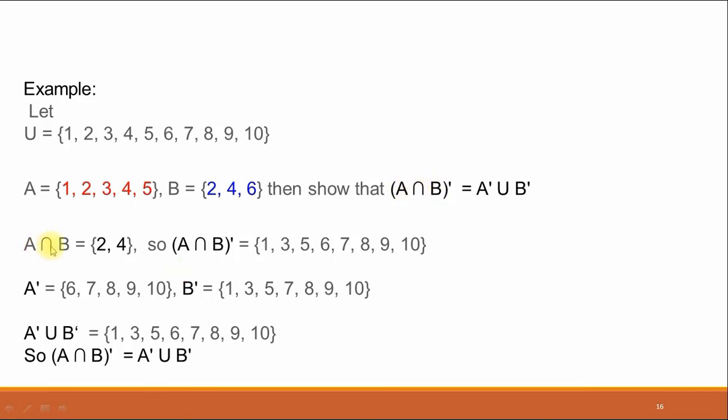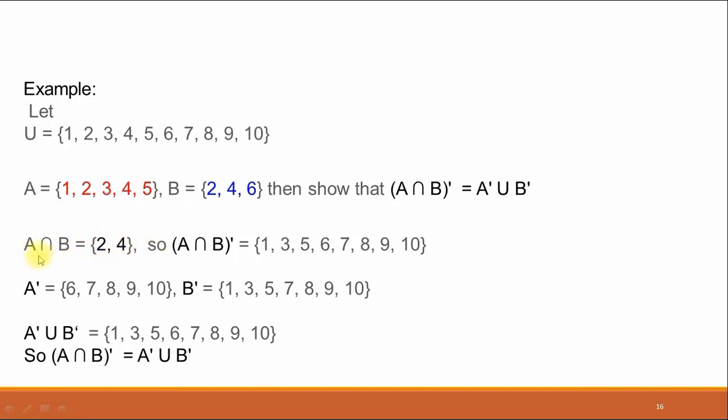For the proof, consider the left hand side, and first of all find A ∩ B. Since there are two common elements between sets A and B, which are 2 and 4, the intersection of A and B is {2, 4}.